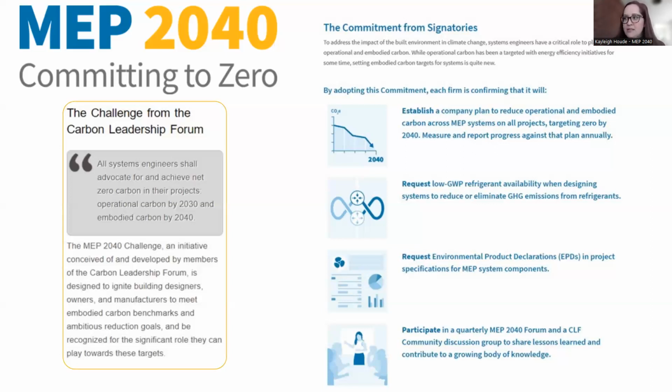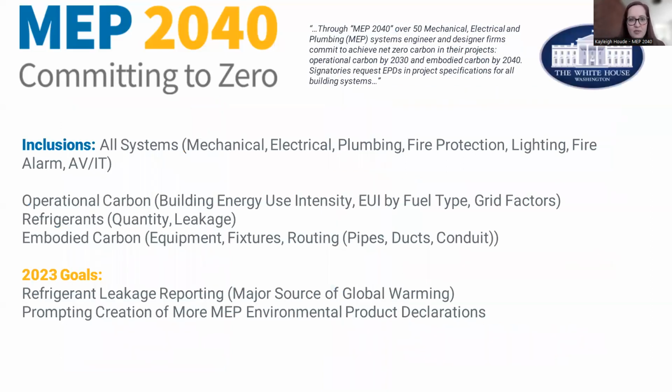You can go to the next slide. So just to show, again, those inclusions, we've got mechanical, electrical, plumbing, fire protection, lighting, fire alarm, AV/IT. I probably missed a couple of acronyms in there against other inclusions under the systems side of things, but really looking at the operational carbon.